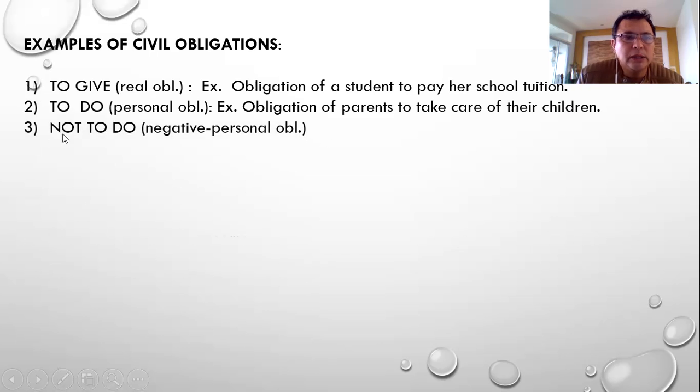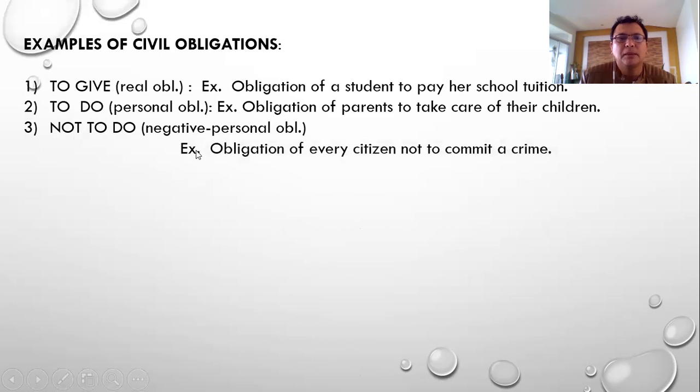The third one is not to do. This is a negative personal obligation. Example of this is an obligation of every citizen not to commit a crime. So committing a crime, one will go to prison. This is a negative personal obligation, not to commit a crime.